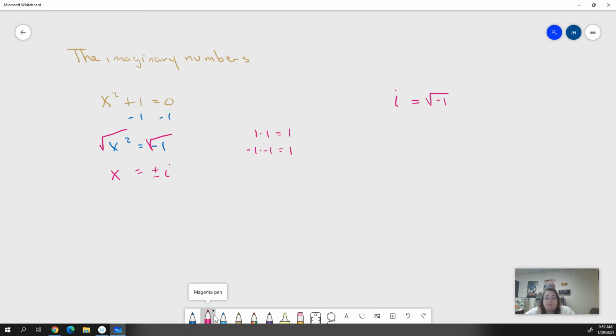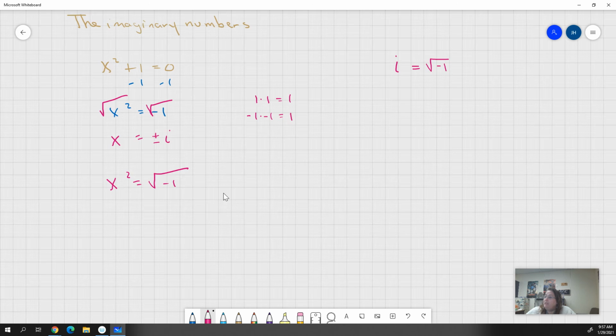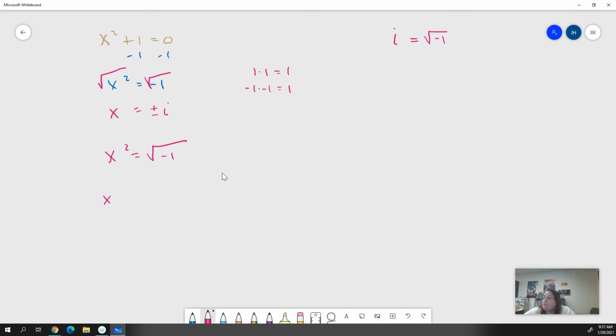Because remember, we had to have a plus or minus because -1 times -1 equals 1, and 1 times 1 equals 1. And when we break this down, we look at it as, say I had x squared equals the square root of -1. When we break this down, what we're looking at is x squared equals the square root of -1 times a, right?